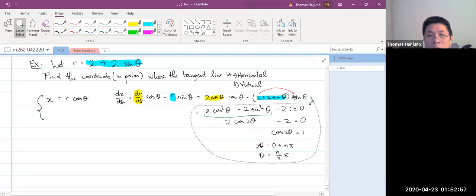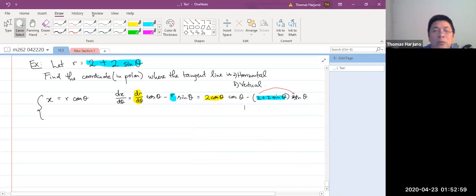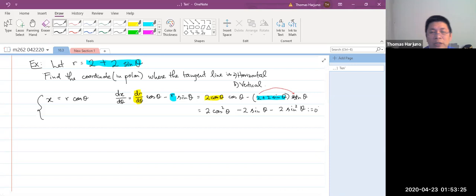So let me rewrite it first. I tried to do it fast. Now, I will get the vertical tangent line if I set this equal to 0. Let me change this to sine.